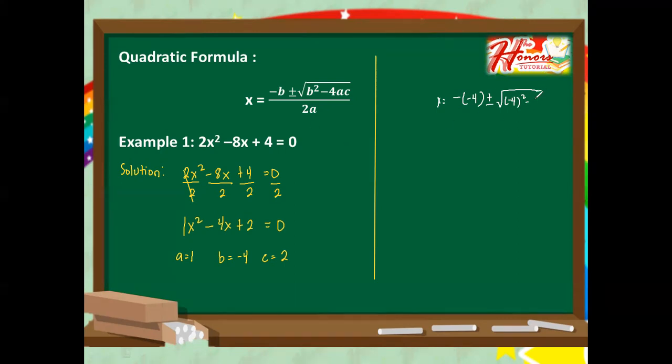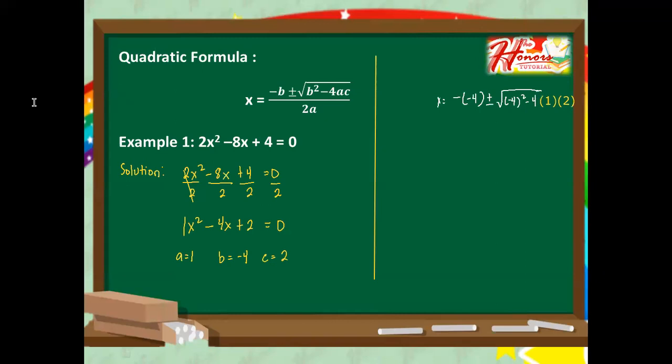So this is 4, a. So that is 1. I will write 1 here. And then c. So that is 2.